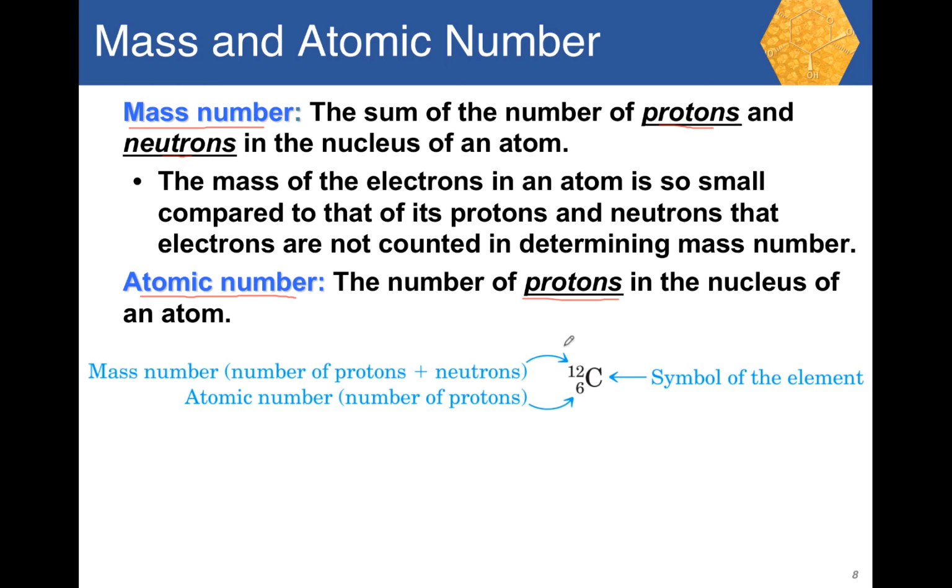The way that's expressed in chemistry is that the C here is the symbol for the element. The number that's a subscript is the atomic number, or the number of protons, and the number that's a superscript is the number of protons and neutrons. By subtracting these two numbers, you can get the number of neutrons. So don't forget this notation that's used in chemistry to reflect the isotopes.